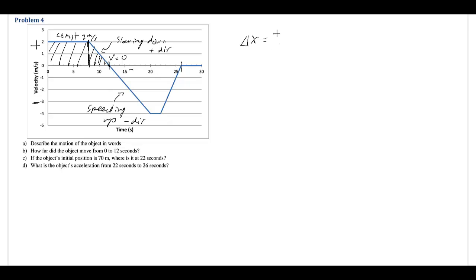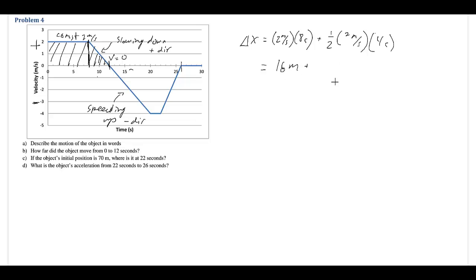So we're going to have 2 meters per second times 8 seconds plus the area of our triangle here, 1/2 times 2 meters per second for the height times the 4 seconds from 8 to 12 seconds. And so multiplying these together, you've got 2 meters per second times 8 seconds. Notice the seconds cancel out, so you're left with 16 meters here.